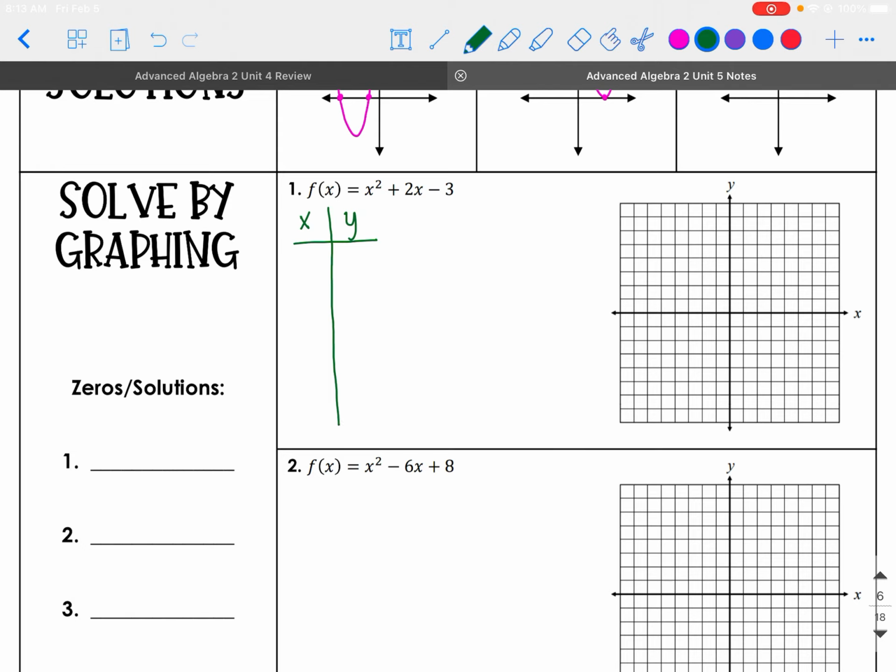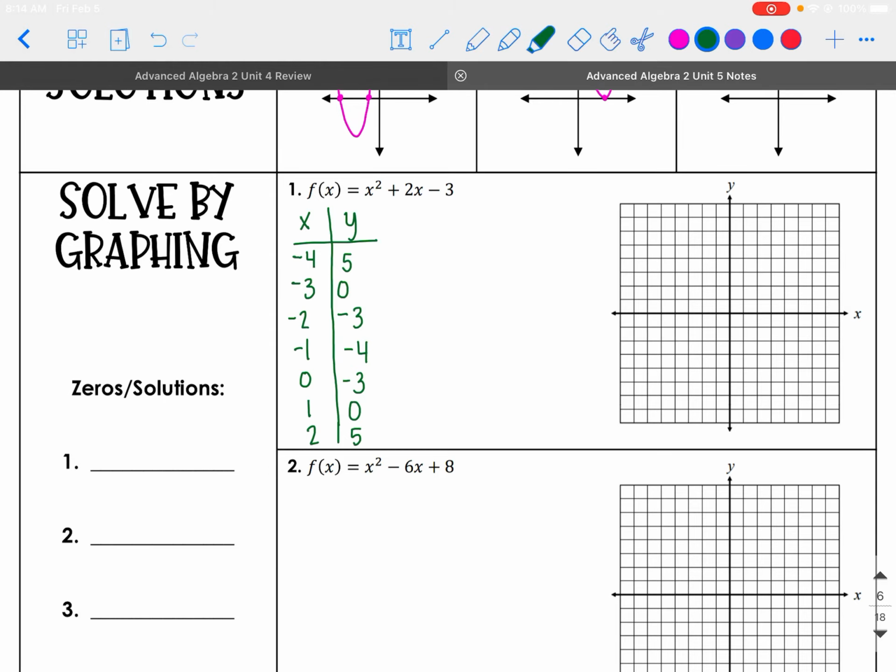Negative 4, 5; negative 3, 0; negative 2, negative 3; negative 1, negative 4; 0, negative 3; 1, 0; and 2, 5. I know that's a lot, but we need to put as many as we can.